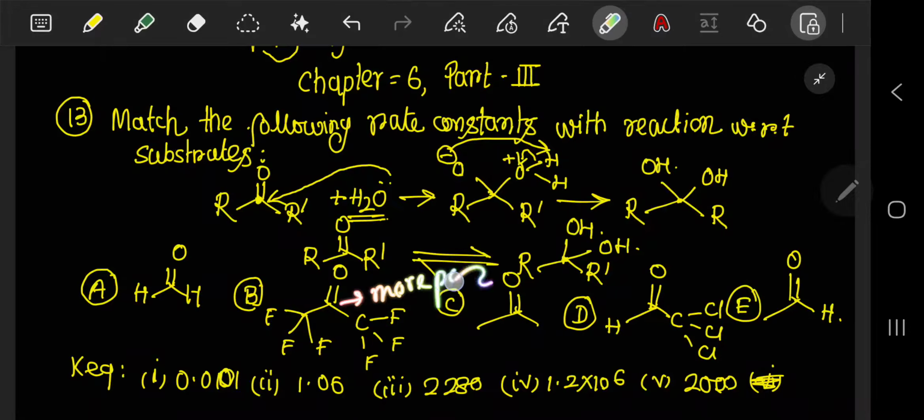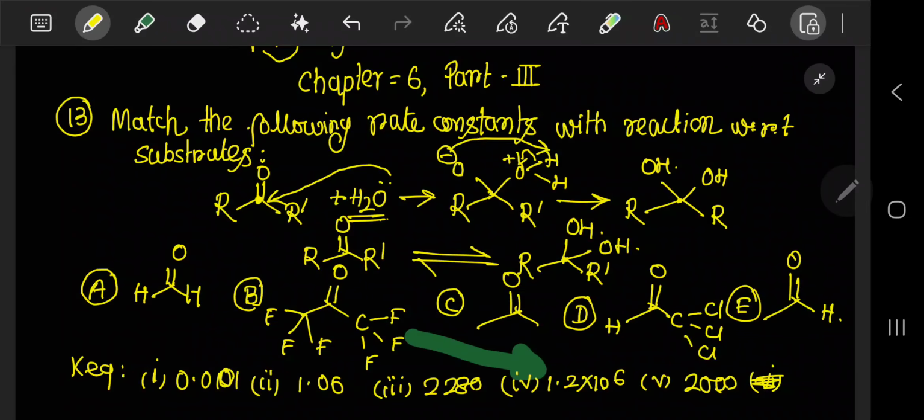More positive means more electrophilic. Because of the higher electrophilicity of this particular group, this will be having the highest equilibrium constant value. So B will be matching with the 4. Are you getting this? So B will be matching with the 4.